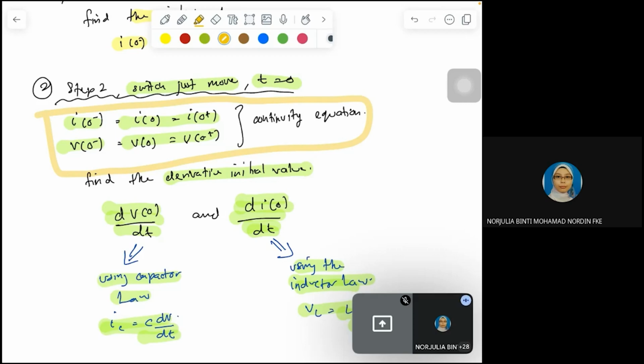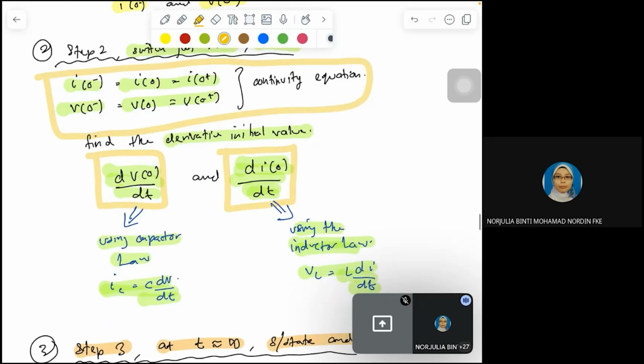At this step, we need to find the derivatives of the initial value. So we need to find dv0 dt and di0 dt, where dv0 dt can be determined by using the capacitor law, and di0 dt can be determined by using the inductor law.